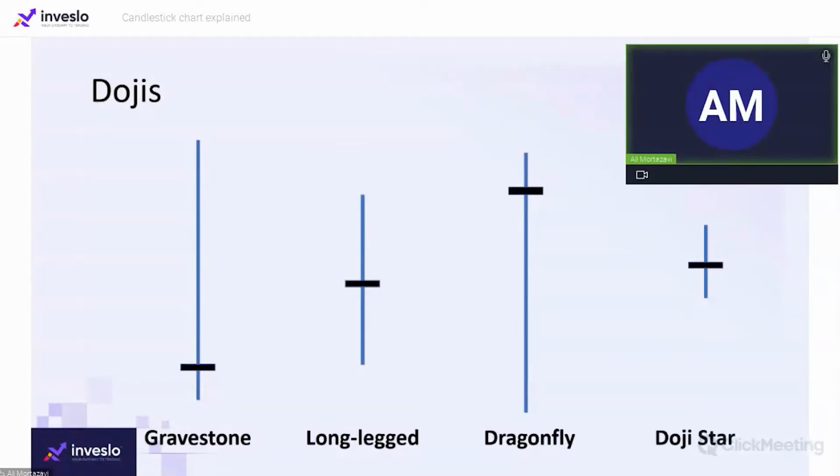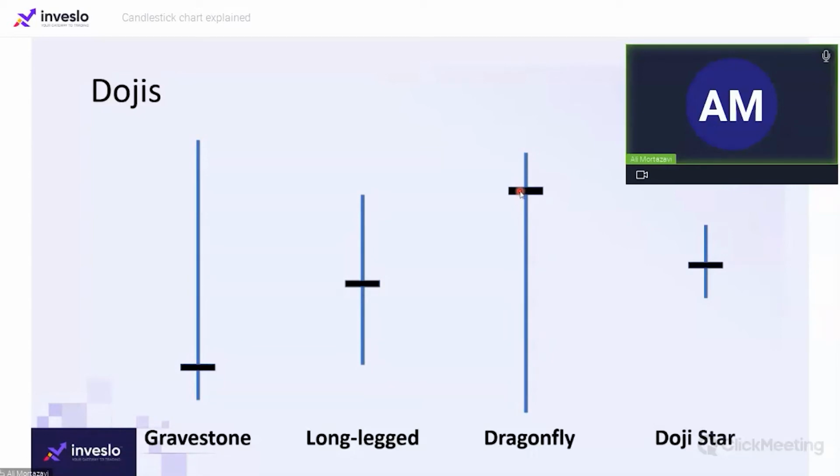Dojis actually happen on the chart when we see no change between the open price and the close price, which means the market is closing at the same level it opened at the beginning of the session, so neither side was successful in taking control of the market, and we are in total balance.